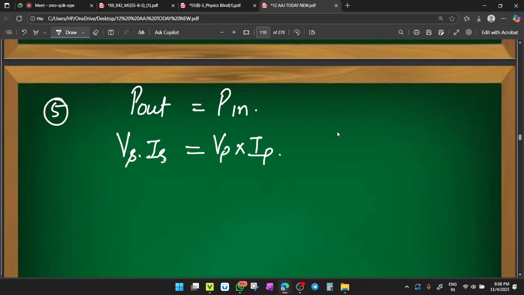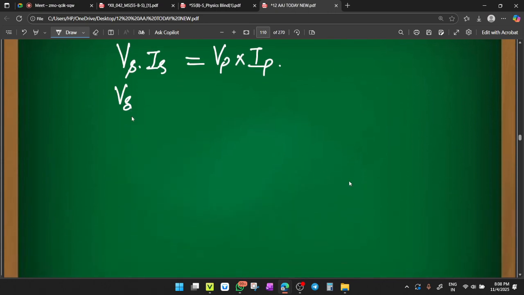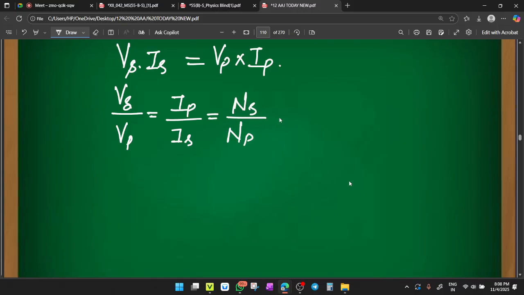Now V secondary upon V primary equals I primary upon I secondary. This is called the transformer ratio, and it equals N secondary upon N primary. Clear, students?